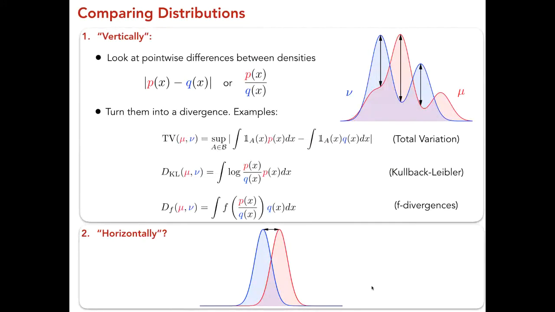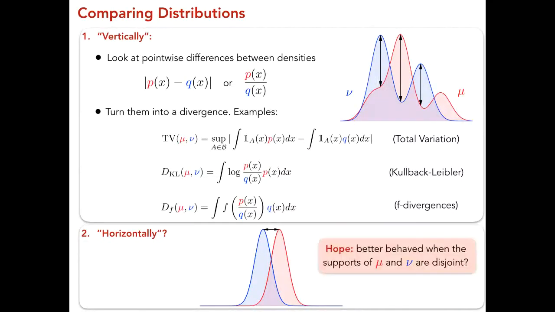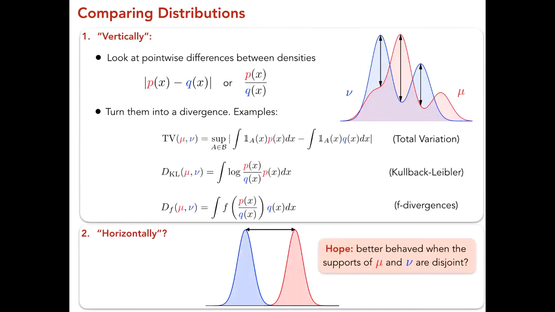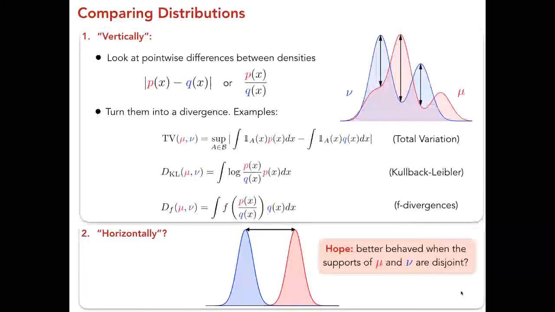So is there a mathematical way to represent, to encode this way of comparing distributions horizontally? And the hope is that if we were able to find such a way, then we would have a divergence that would be better behaved when the supports of the distribution become disjoint, right? Because, for instance, in that case, if you take an F divergence, then basically you have no information on the distance between those two distributions, because no matter how far they are from one another, you're going to get the same results.